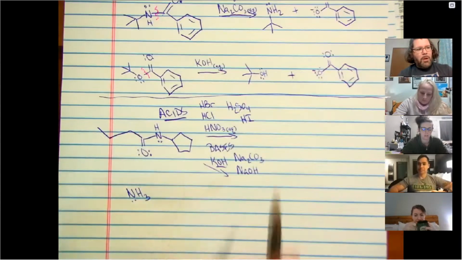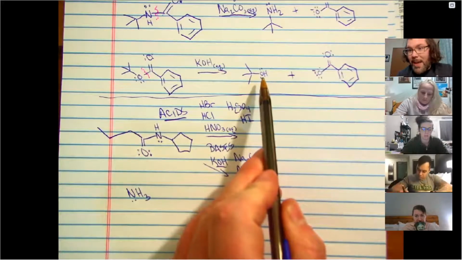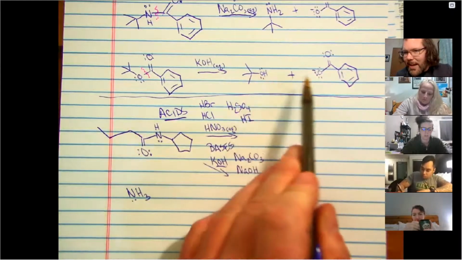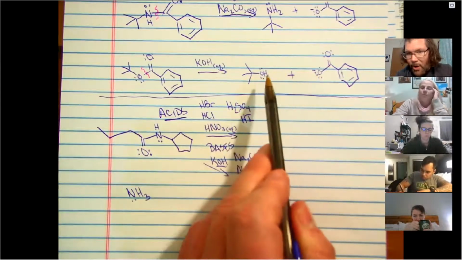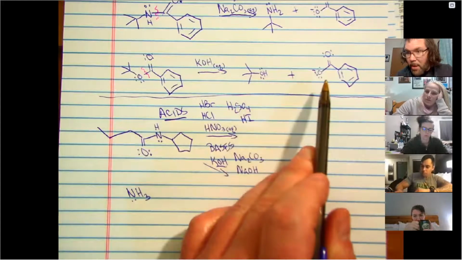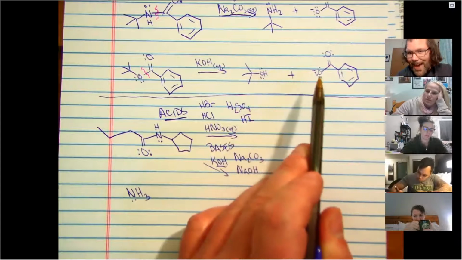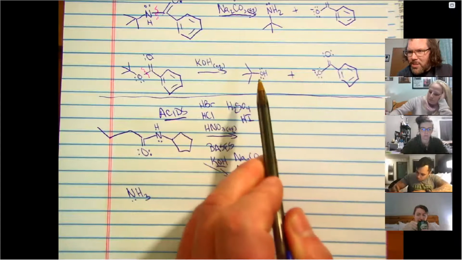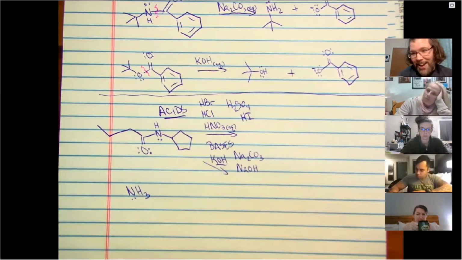For example, what is it about that alcohol that makes it not very willing to give away its H plus? Obviously it is much less acidic than the carboxylic acid. The alcohol kept its proton, the carboxylic acid lost its proton. What's the difference between that oxygen and that oxygen, that one keeps its proton and one loses its proton? Take the majors level organic class and find out.